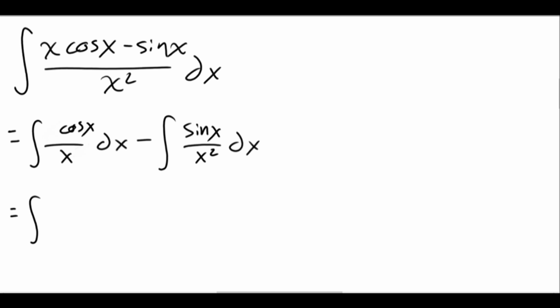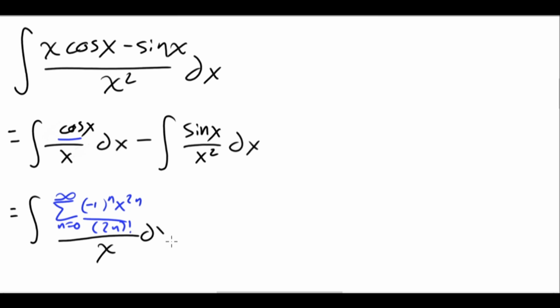So we can rewrite cosine x as the sum from n equals 0 to infinity of -1 to the n, x to the power of 2n, all of this divided by 2n factorial. And then again, we're dividing this whole thing by x, and we're integrating with respect to x.